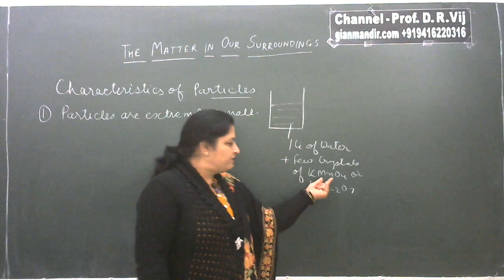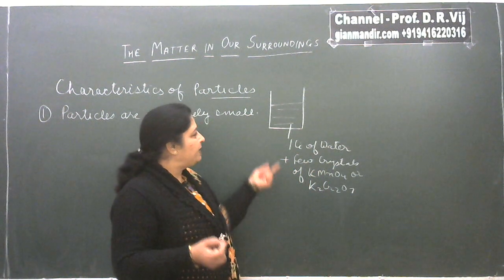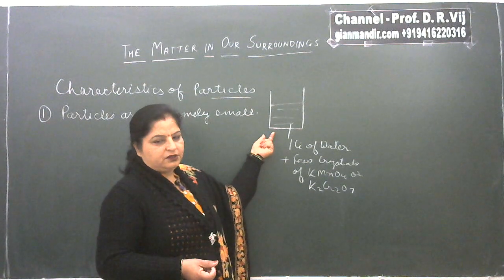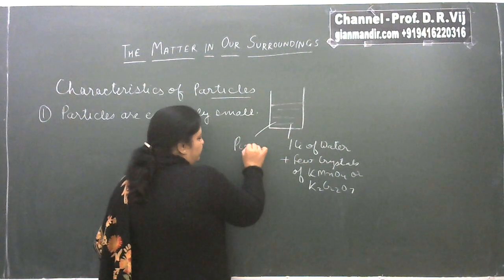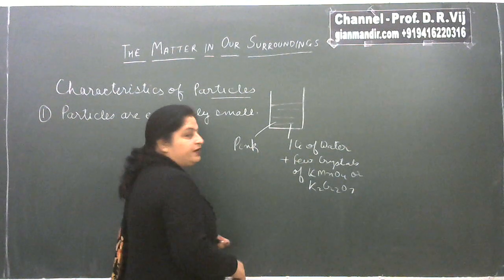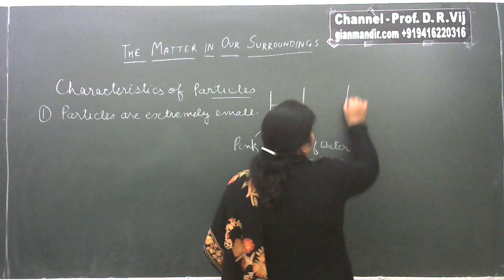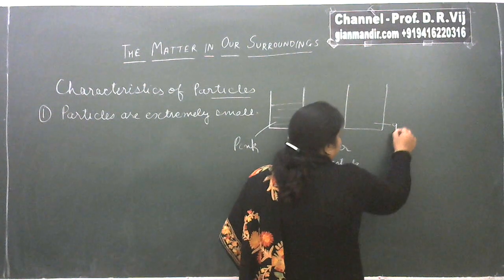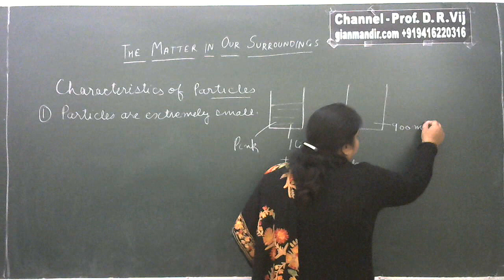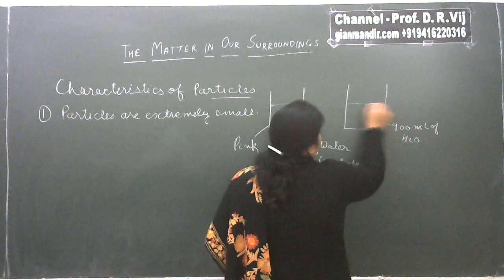So let's dissolve 1 or 2 crystals of potassium permanganate in 1 liter of water, and you will observe that this whole solution turns pink or very dark pink in color, right? Now take another beaker, and in this beaker you take 900 ml of water, right?